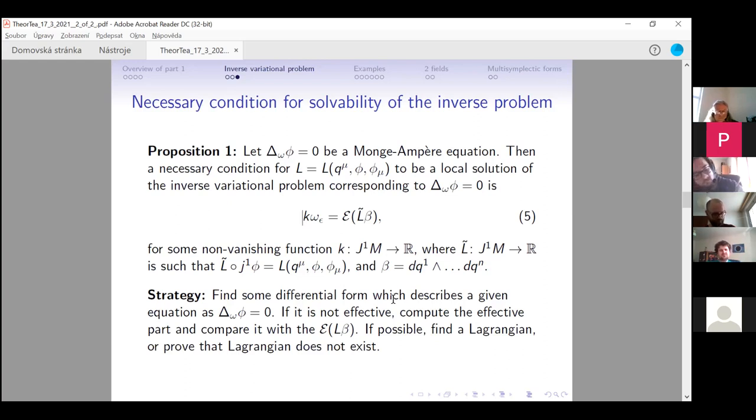And that's the reason why the effective forms are introduced, to get rid of these vanishing terms.